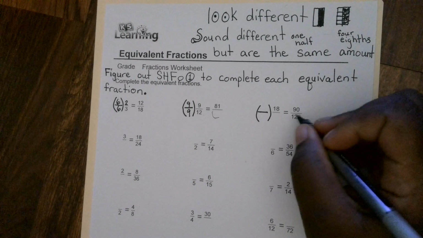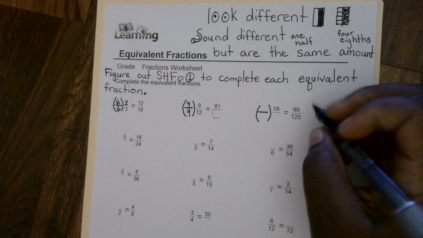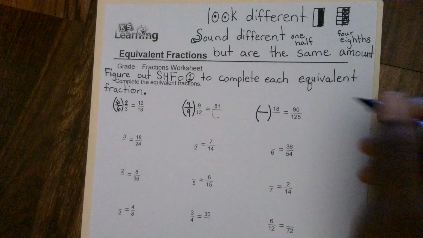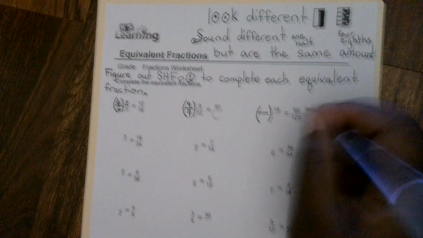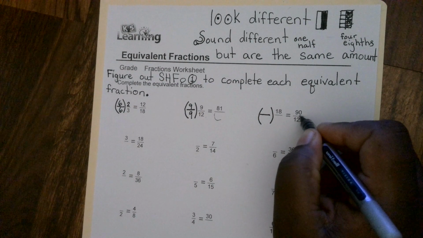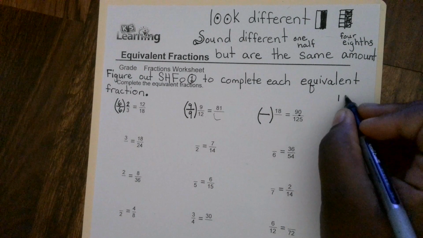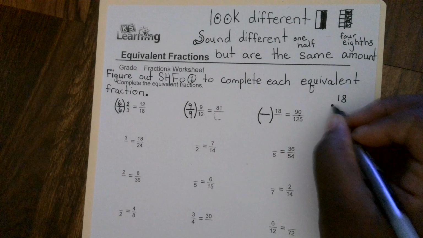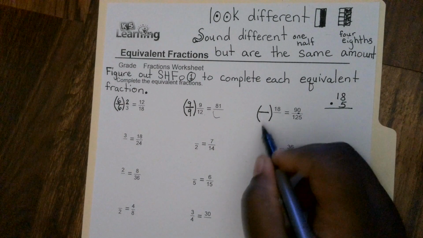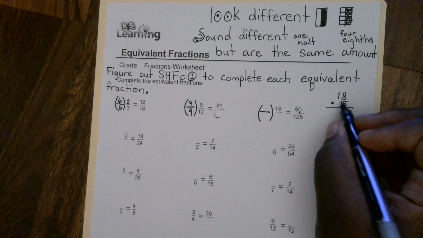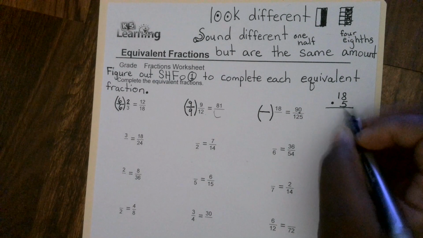I notice, let's see, 18 times 10 would be 180, which is too big. And so I'm going to try 18 times 5. I'm going to do a side calculation. I just have to figure out what is SHFU based on. 18 times 5.